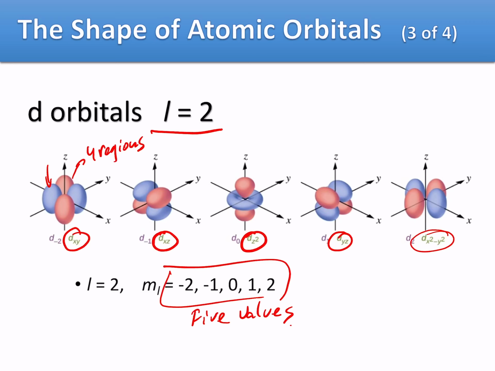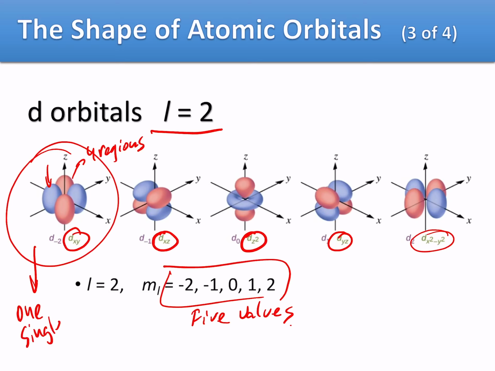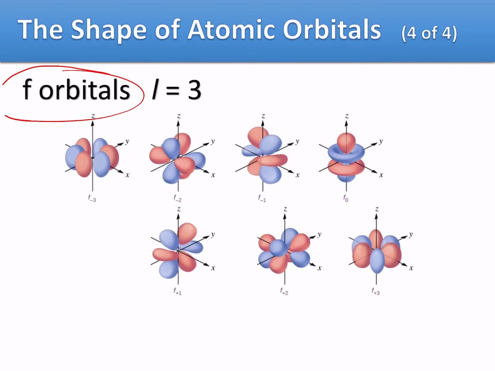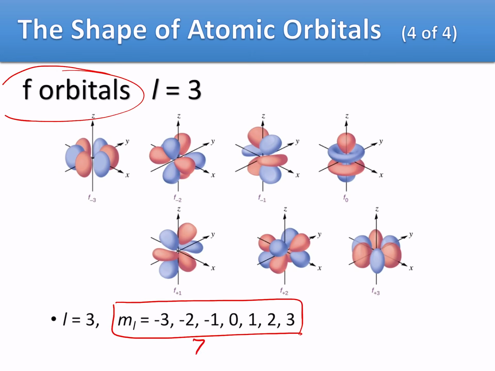This here is one single orbital. Same for the other orbitals. Now, what is the shape if you increase L one more? Now we have the f orbitals, and if you remember, for ml we have 7 different values. 7 different values means 7 different orientations in space, and once again, each one of these is one single orbital.